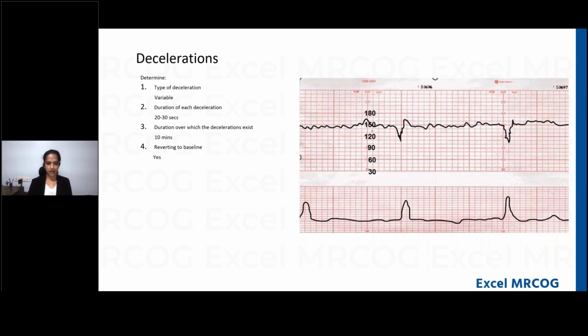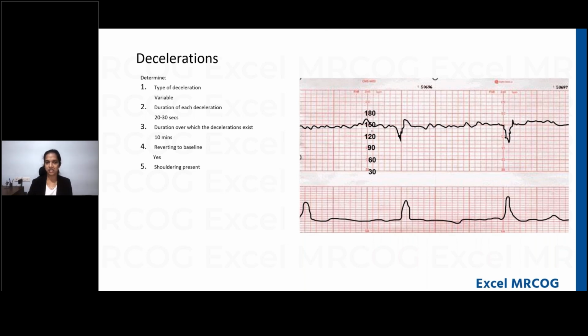The next thing that you need to check is whether there is shouldering. Shouldering usually happens in variable decelerations. When there is a deceleration, it comes back and it shoots up. Is it happening here? Yes. Which is a reassuring sign.